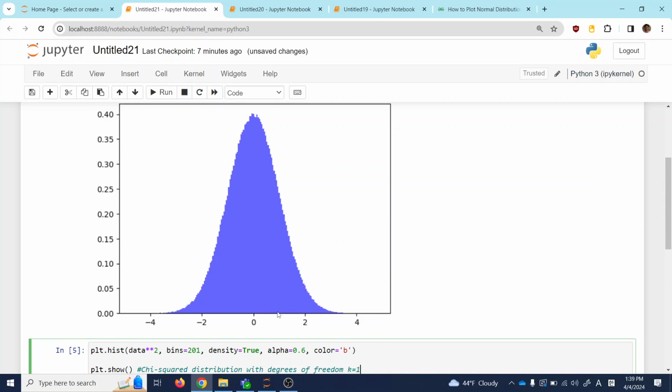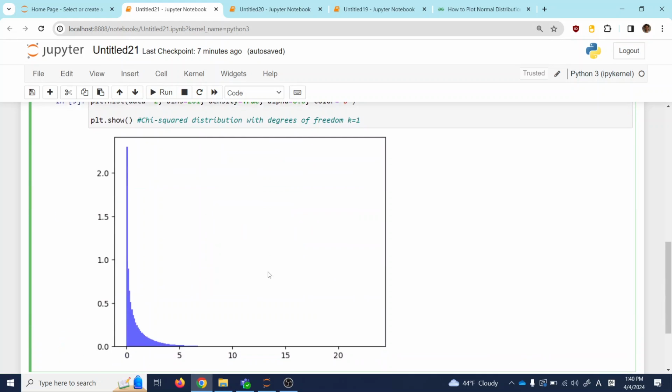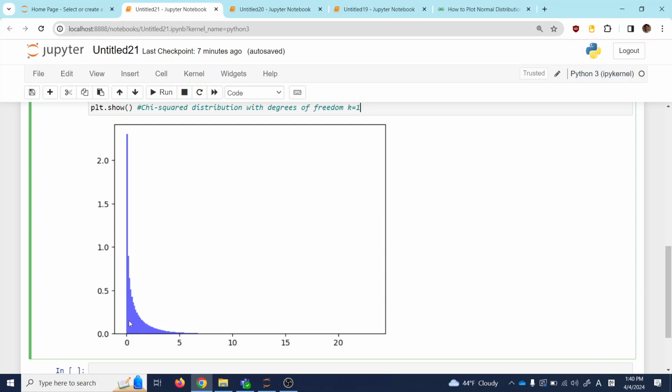And since 68% of the data falls between -1 and +1, more than 2/3 have values less than or equal to 1, and if you square them, they get even smaller. For example, if you have a random number 0.5 and you square it, it becomes 0.25, so it gets closer to the left side. So that's what's being graphed here.